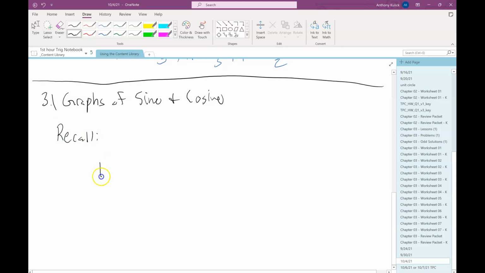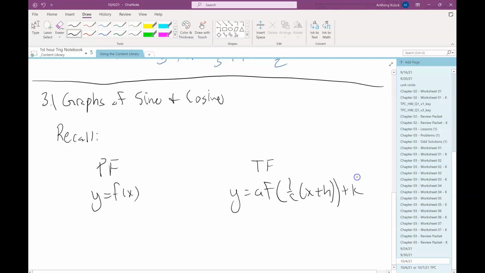So again, remember from last time, if I have some parent function, I can transform that parent function like this. I can either say, okay, these are the transformations I want to do, and I can use that formula there to transform my parent function to get a new equation.